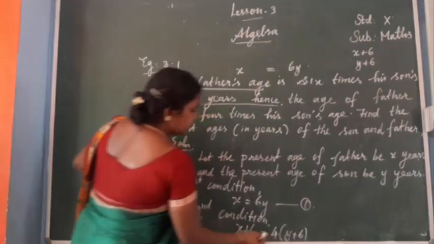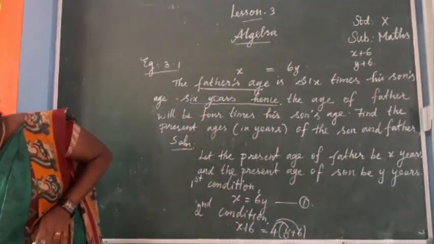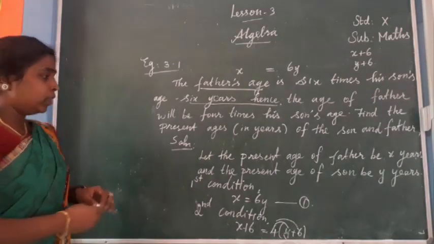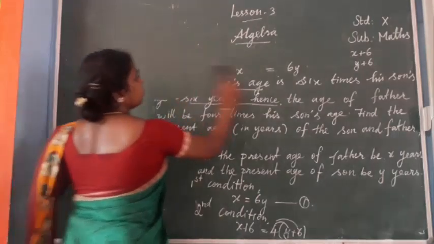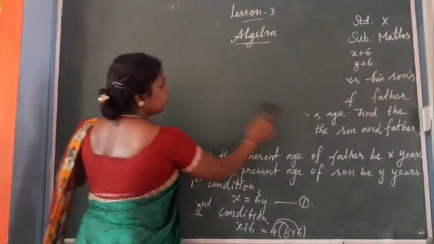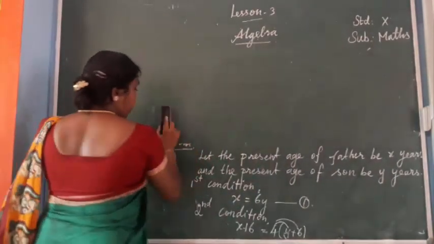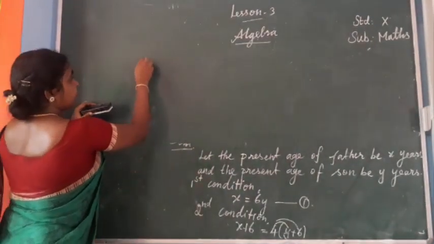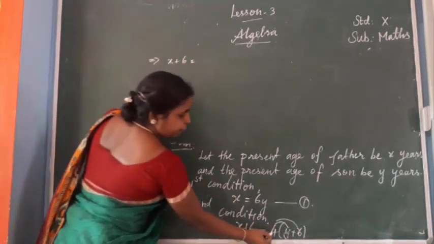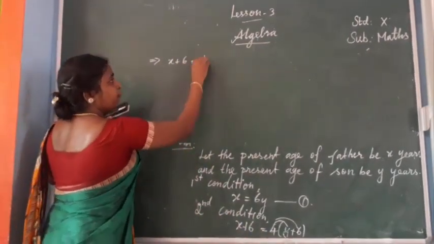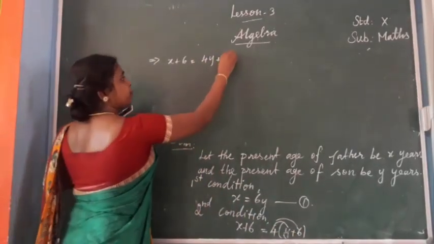Now you multiply that 4 with the values inside. Which implies x plus 6 equal to 4y plus 4 into 6, 4 sixes are 24.